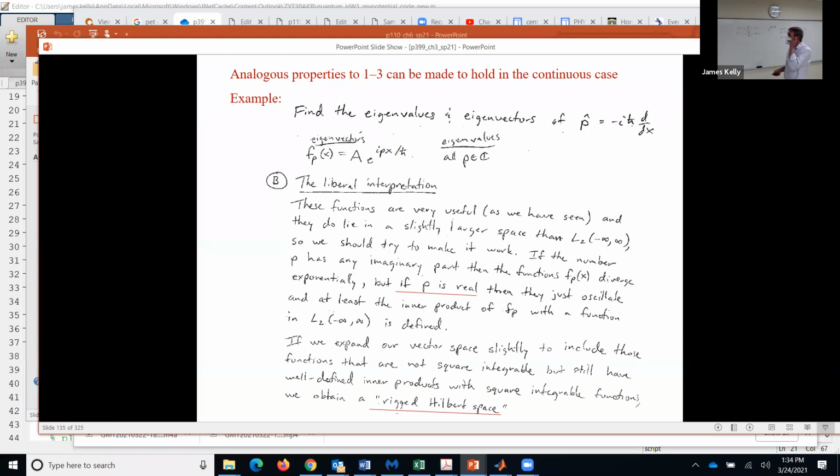Okay. So we're going to expand our vector space slightly in this liberal interpretation and say, well, I don't want to just stick to capital L2. I'm going to take the rigged expansion of capital L2 and add in those oscillatory functions that have finite inner products with square integrable functions. But we're not going to allow this kind of genuine exponential blowing up.